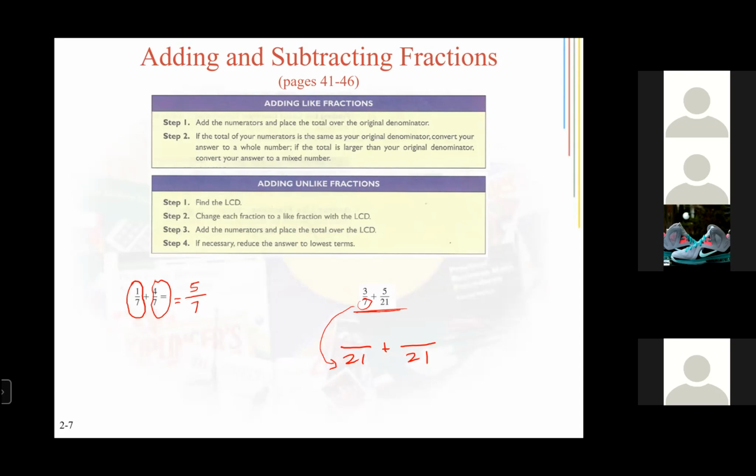What are you going to multiply by? 7 times 3. Right. So if you have to multiply by 3, you have to do the same thing with the numerator, times 3. So when you times that by 3, what do you get? 3 times 3 is 9. Now look at the next fraction, 5 over 21.